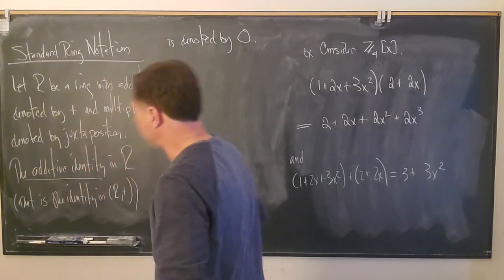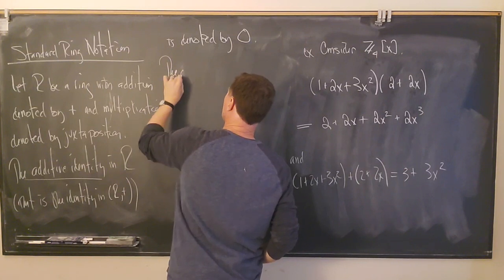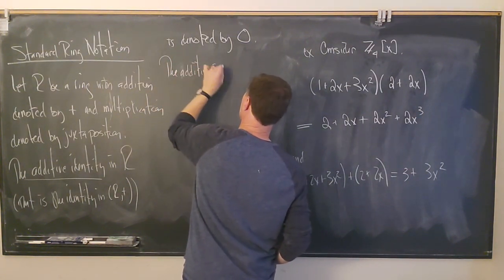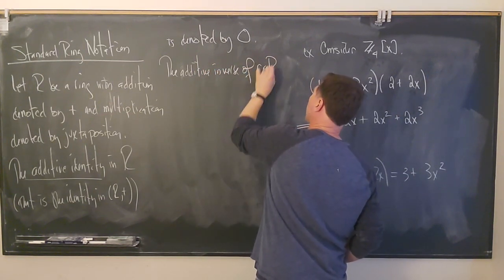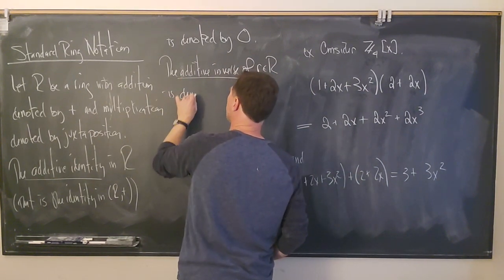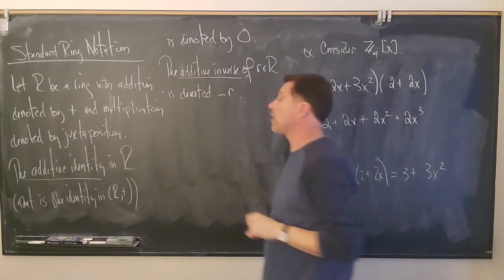The additive inverse of, say, some element r in capital R is denoted, as you'd expect, with a minus r.